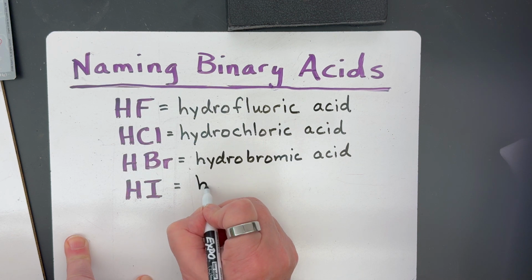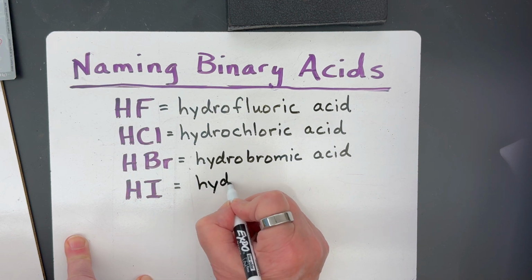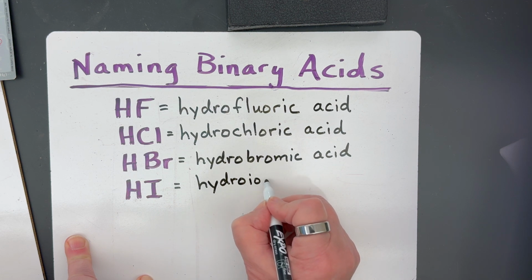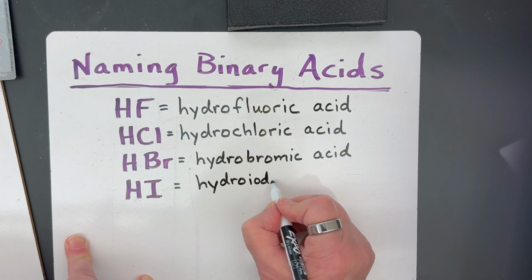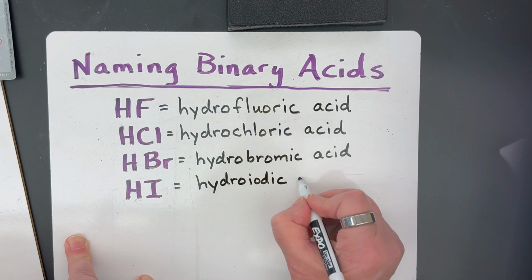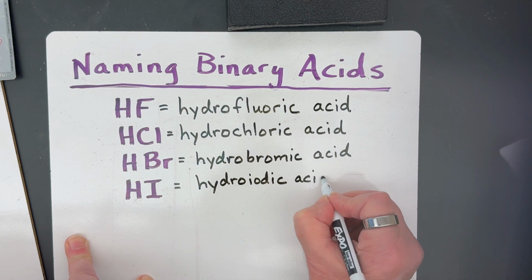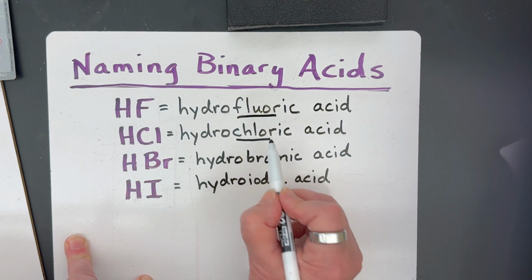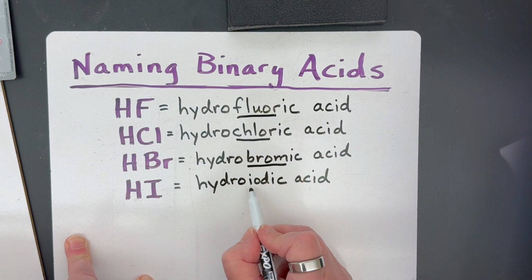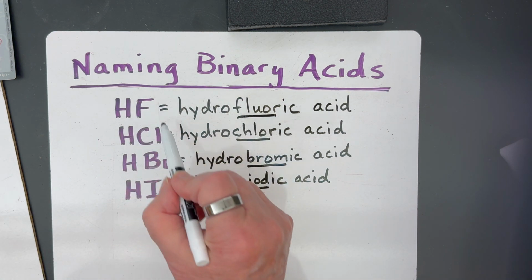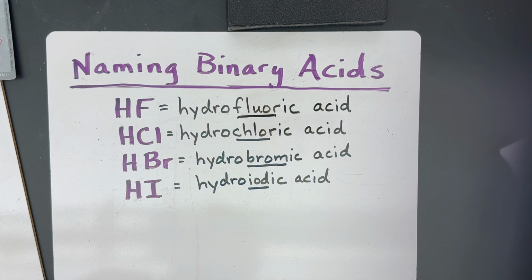And the last one, hydro, this is iodine, so iod, take off the INE, put an IC, hydroiodic acid. So the fluor, chlor, brome, and iod come from our second element.